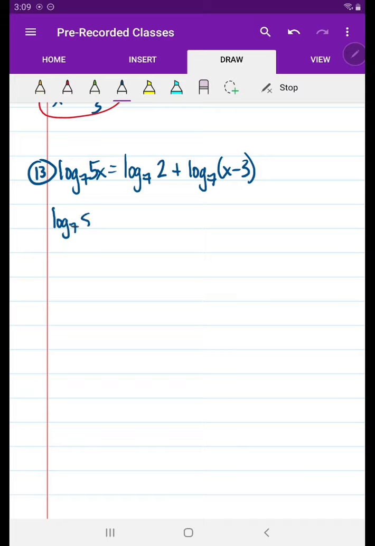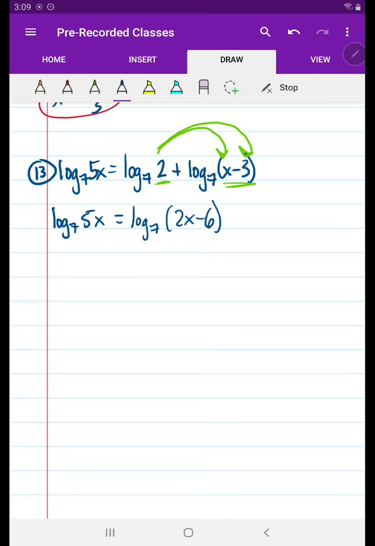That'll still be log base 7 of 5x. On the right side, we have addition between the two, so that means we will combine 2 and x minus 3 with multiplication. So again, you can think about that as taking that 2 and distributing that across x minus 3. So if we do that, we'll get log base 7 of 2x minus 6.